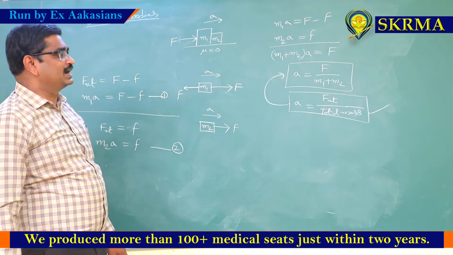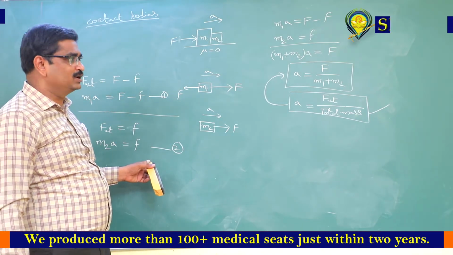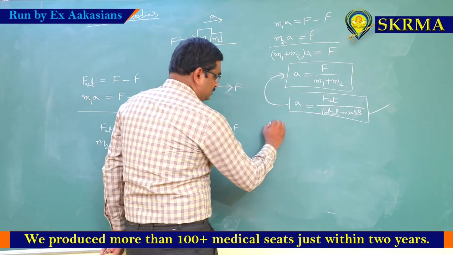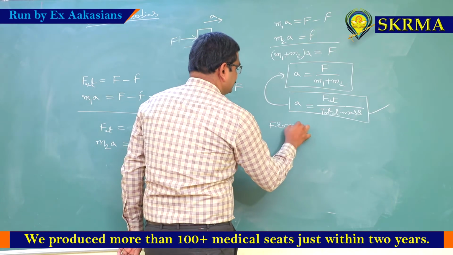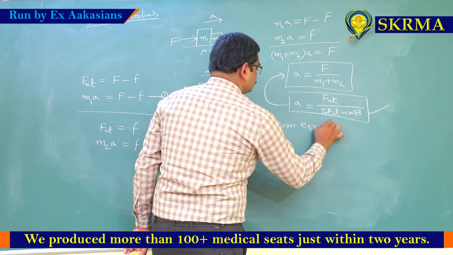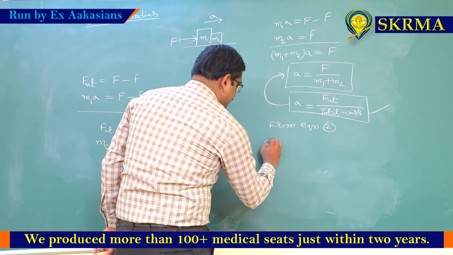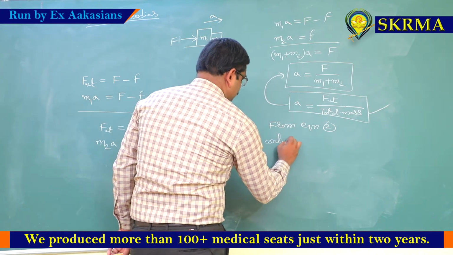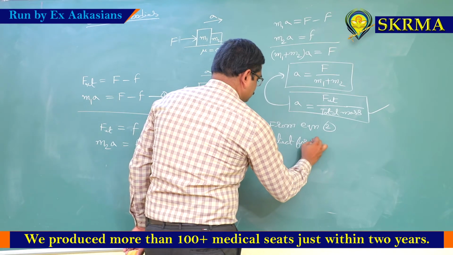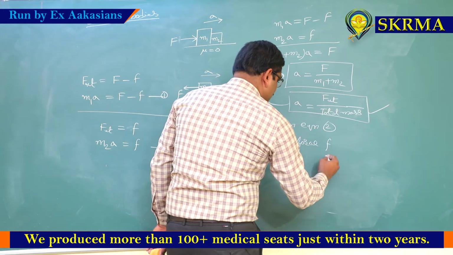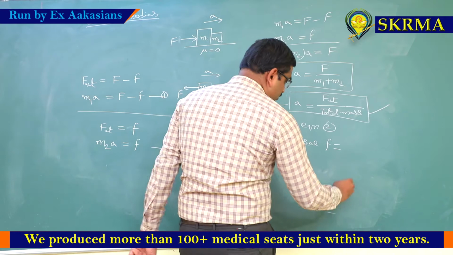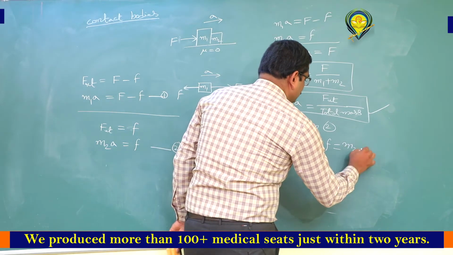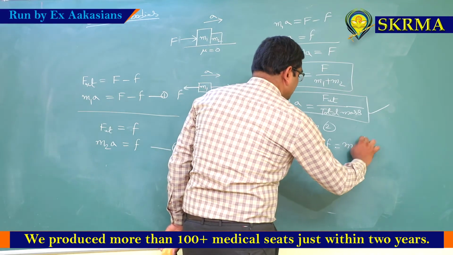Next one, what is contact force? Just solve equation number 2 for contact force. From equation 2, contact force small f equal to M2 into A. So M2 into how much is the acceleration?